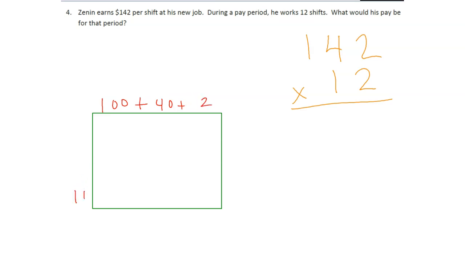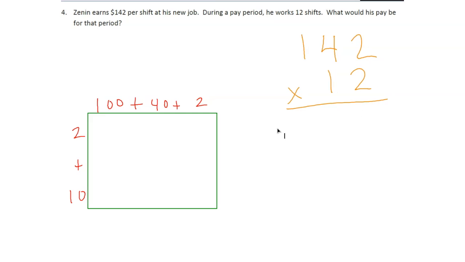And he works 10 plus 2 shifts. All right, so let's go ahead and put our lines in. Do my vertical lines first, right underneath my plus signs. And then my horizontal lines coming straight over from this plus sign here.